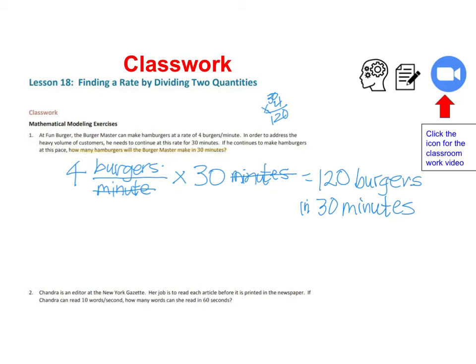Okay, let's take a look at this second question. It says, Chandra is an editor of the New York Gazette, and her job is to read each article before it's printed in the newspaper. If Chandra can read 10 words per second, how many words can she read in 60 seconds?